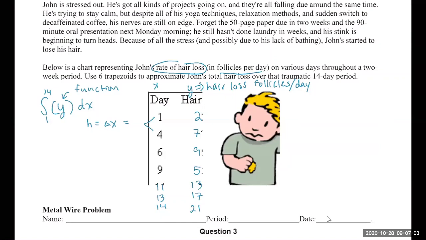Six trapezoids here, so divide by 6, because it's not equal. Therefore that tells me you can't use trap rule. If your intervals are not equal, you can't use the trapezoidal rule.